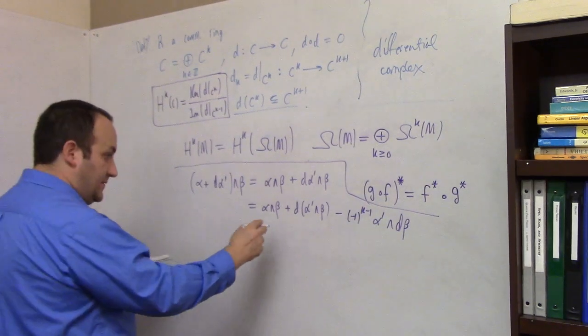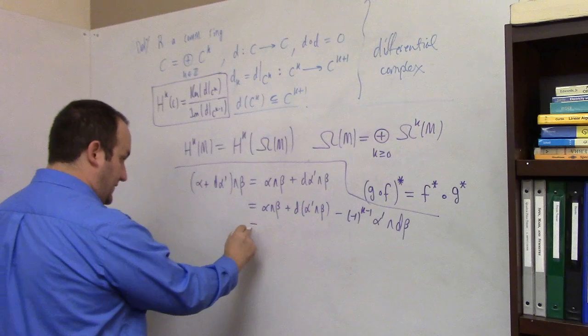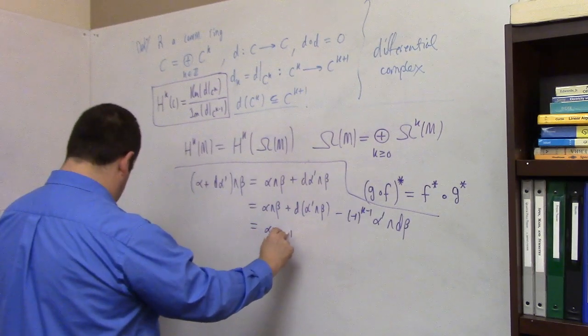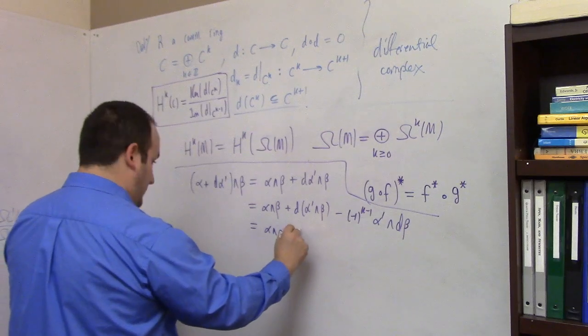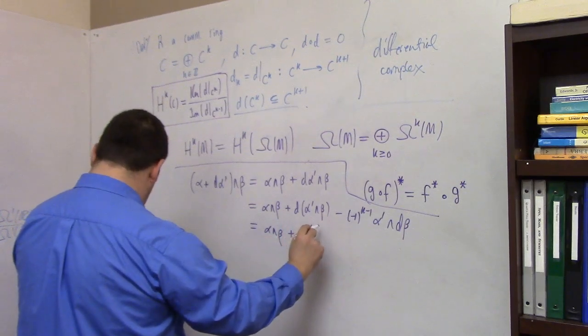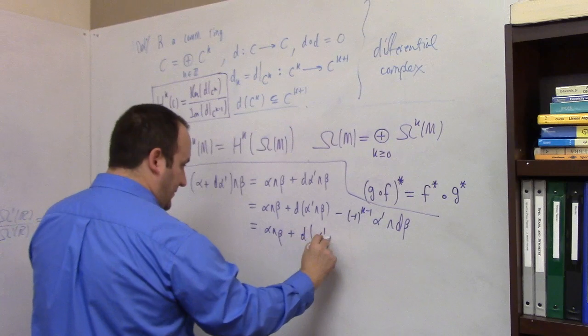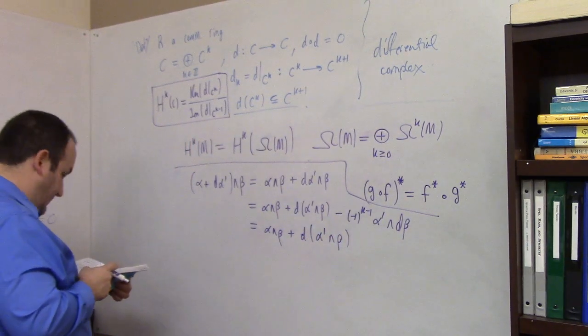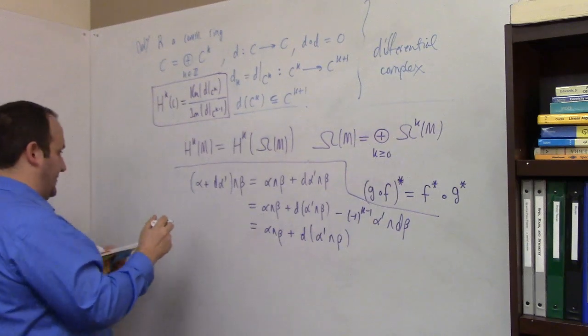Anyway, the point is that this is equal to alpha wedge beta plus d alpha prime wedge beta. Why did I get rid of the other term? Oh, context, right?